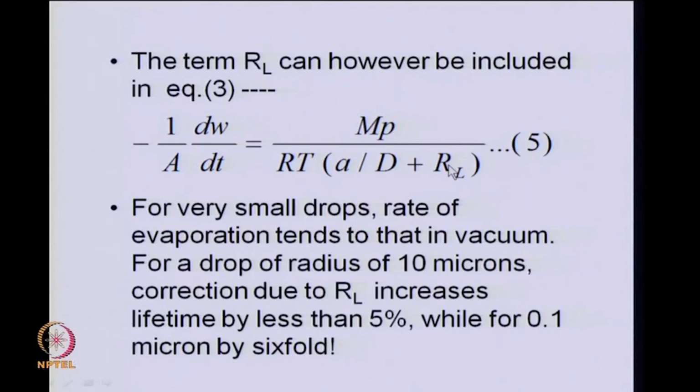We will see that the lifetimes of droplets, fine droplets, can be of significance in certain effects and some applications that we will see near the end of this lecture.